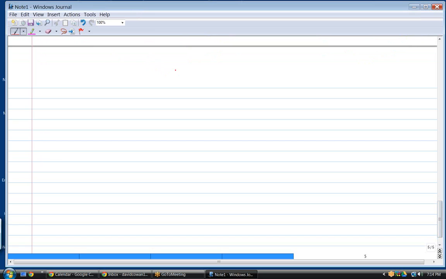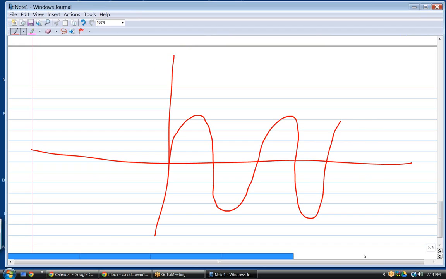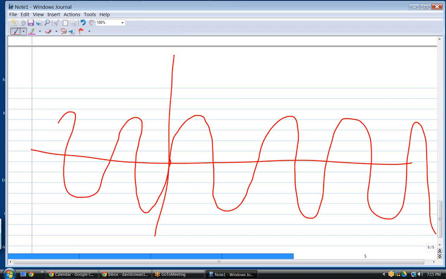Let me draw a full sine curve. A full sine curve continues to oscillate forever and goes in both directions. This is actually the sine of x. Before I was only drawing one period of it.